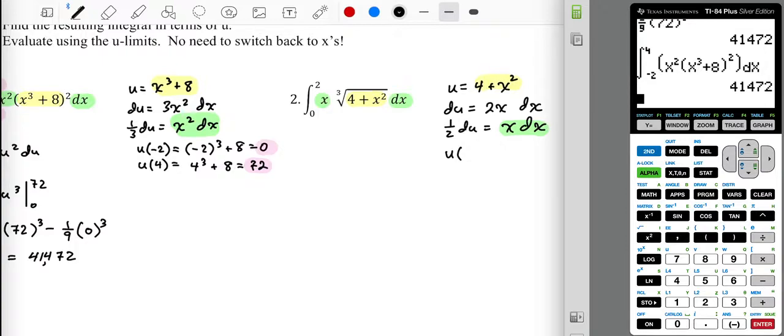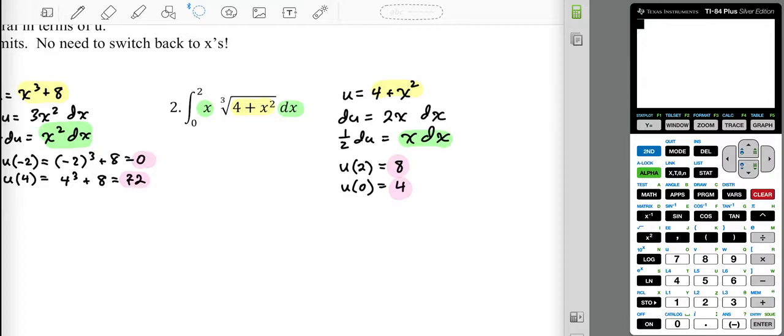So I'll pop in the 2 and the 0. When I plug in a 2, I get an 8. Plug in a 0, I get a 4. Kind of was hoping for a 0. I like the 0 better, but it is what it is.